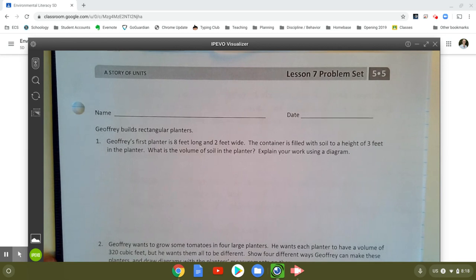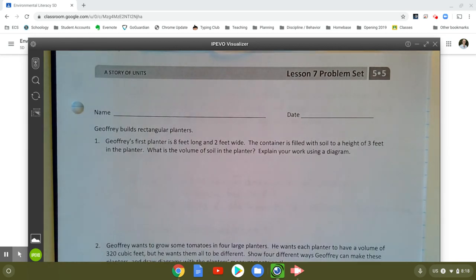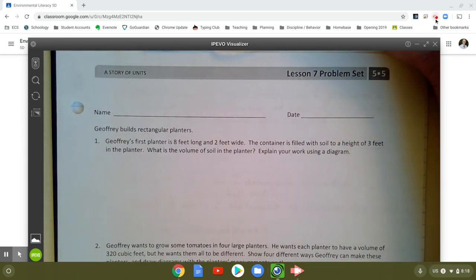Remember, on the word problem lessons, the problems that I go over are the same ones that are on the problem set. So we're sort of just skipping ahead to the problem set. If you have this, get it out. If you don't have it, you're going to want to have notebook paper ready, and you can put it on the computer or watch me do it, and then write it on notebook paper. I'm going to pause here for a second.